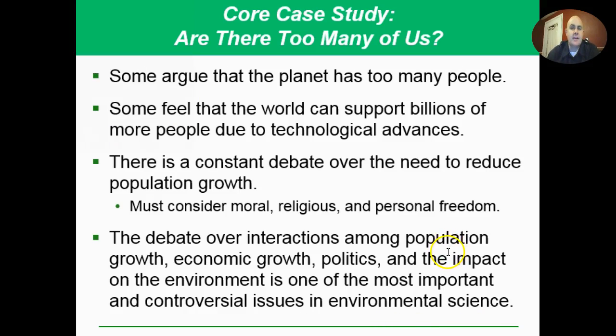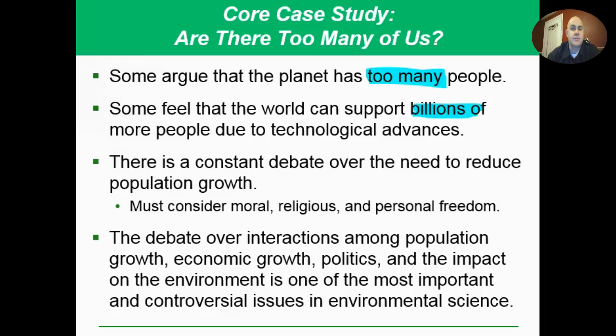And so the core case study in your book is, how many is enough? I mean, how many is too many? How many people can we have on this planet? So some people argue that we already have too many people. The 7 billion we have is too many. Some people feel like the world can support several more billions of people, and so we're not yet at our full capacity.